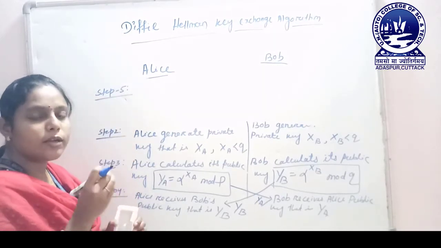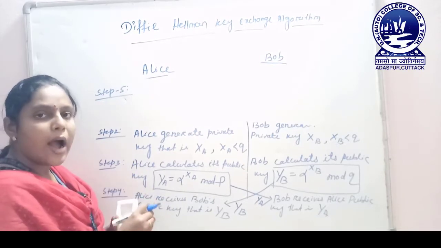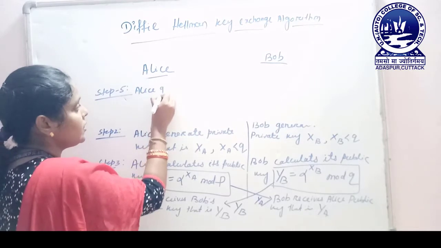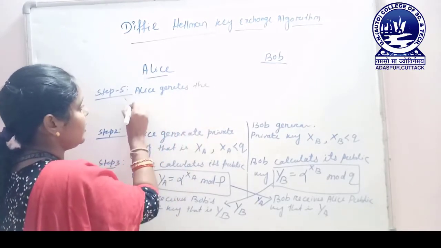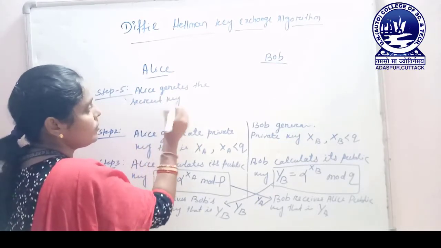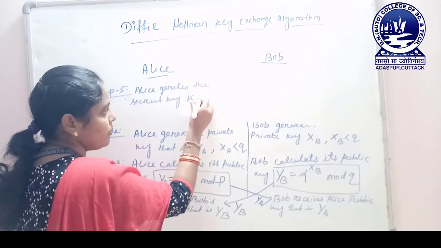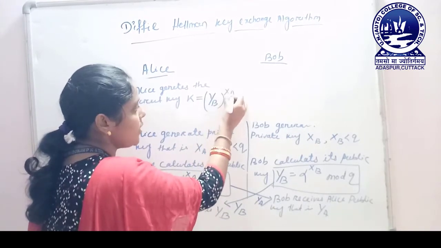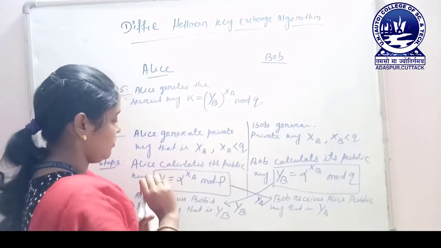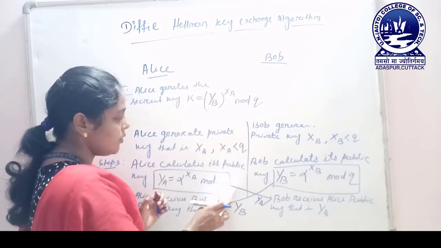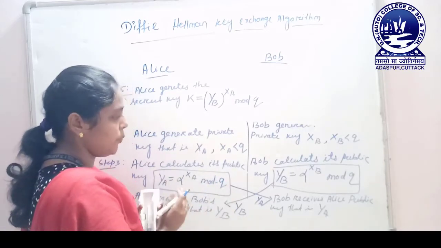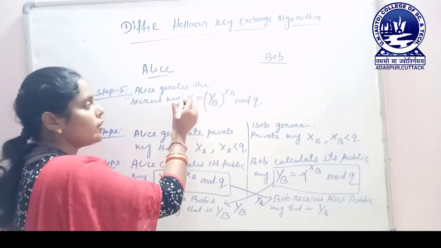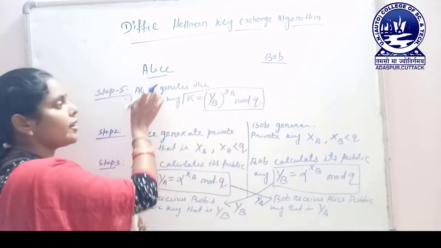In step 5, after receiving the public key of Bob, Alice generates the secret key K equal to YB to the power XA mod Q. Sorry, this is mod Q, not mod P, because our prime number is Q. This is the secret key calculated by Alice.